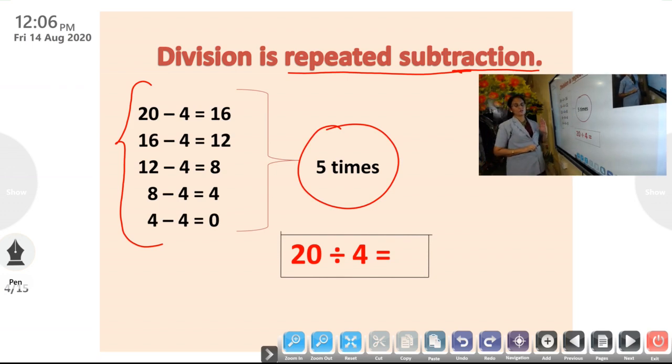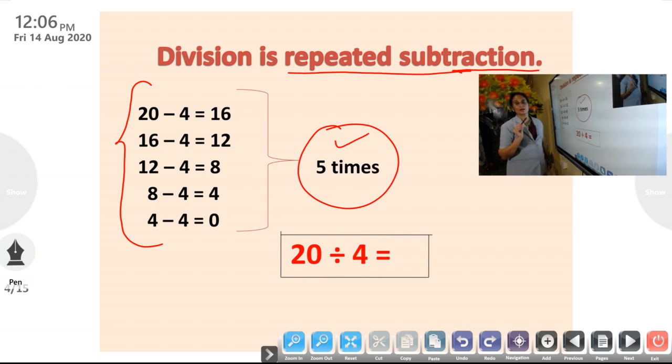So that means when we subtract 4 from 20, 5 times we get 0. So we can say that how many 4s are there in 20? There are 5 4s in 20.